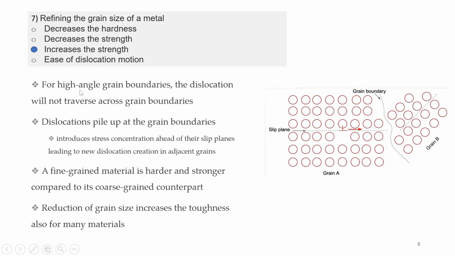For high angle grain boundaries, the dislocations will not traverse across grain boundaries, and they pile up at the grain boundaries. A fine grain material is harder and stronger compared to its coarse grain counterparts, and the reduction of grain size increases the toughness also for many materials.